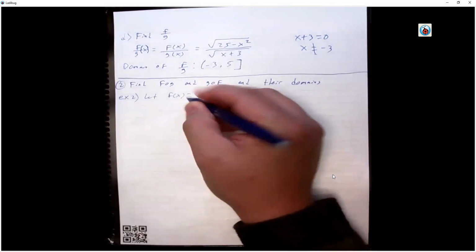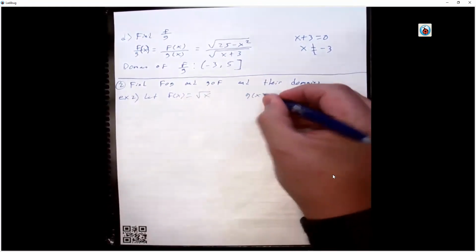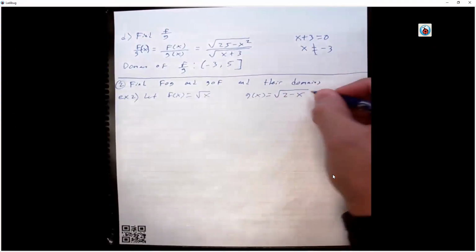Let f of x equal the square root of x. G of x will equal the square root of 2 minus x.